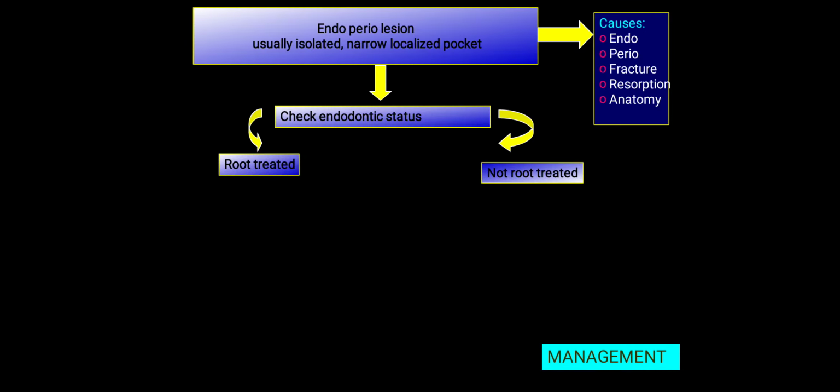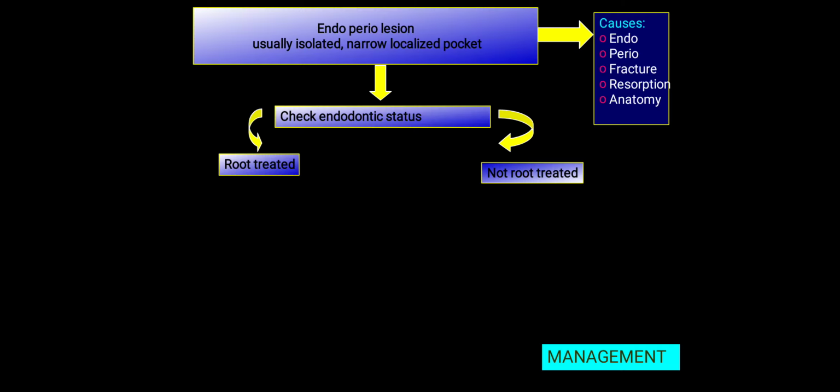If an Endo-Perio lesion is there, then the tooth will usually be isolated, and a narrow, localized pocket can be seen. Causes will be endodontic infection, perio infection due to fracture, any type of resorption, and the anatomy of the tooth. We have to check the endodontic status of the tooth.